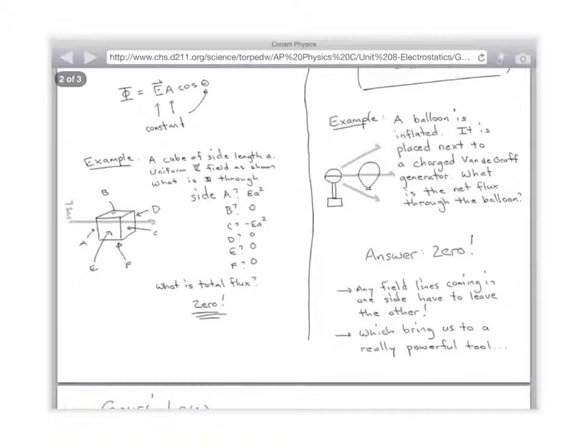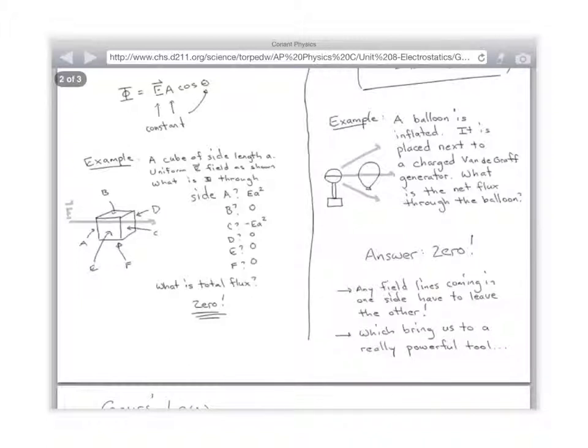So if you've got 10 field lines coming in, how many have to come out? 10. And therefore the net flux has to be zero. Yes. What if there's like an insulator on the inside of the balloon? It doesn't matter. You can't just suddenly destroy field.